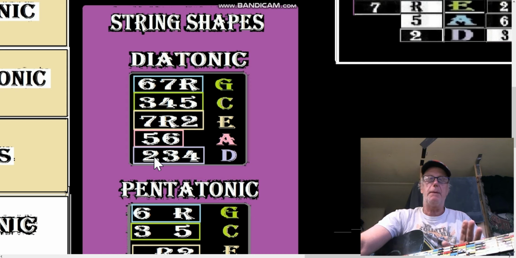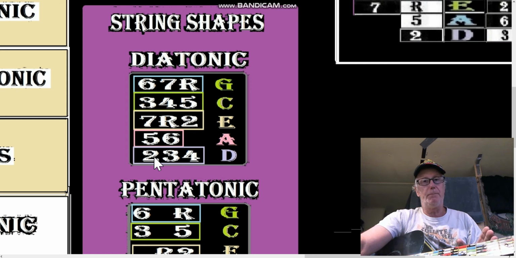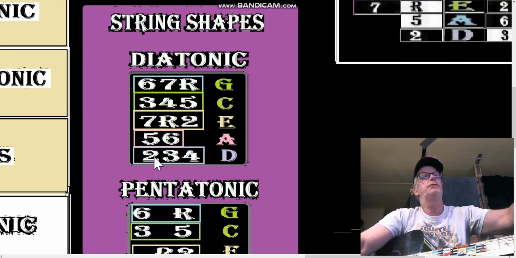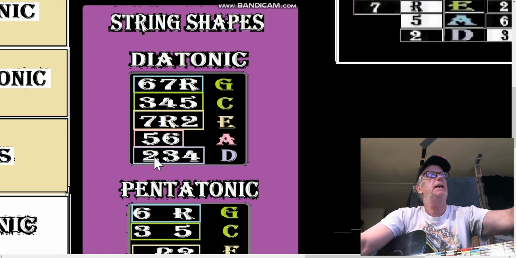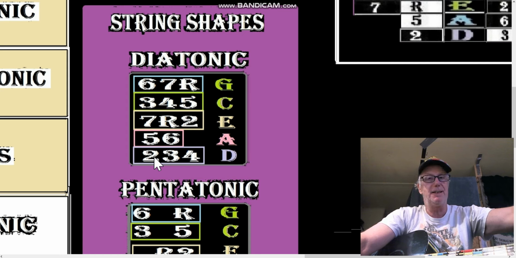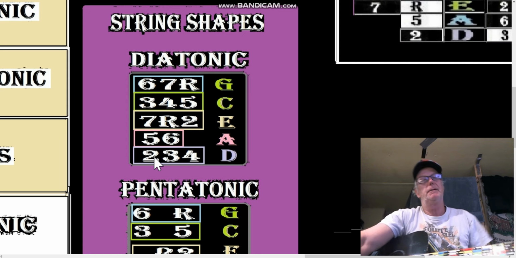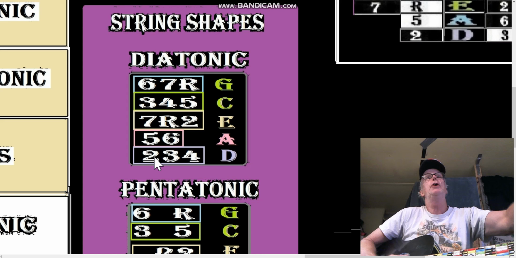Similarly, when we talk about the CAGED system, we're talking about the notes. How can we use the notes? So it's C, A, G, E, D. CAGED is a pentatonic scale descending. Okay? So we're talking about the notes.